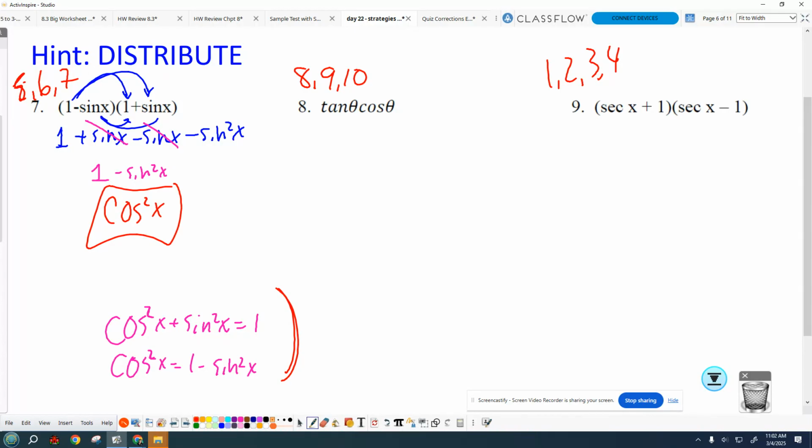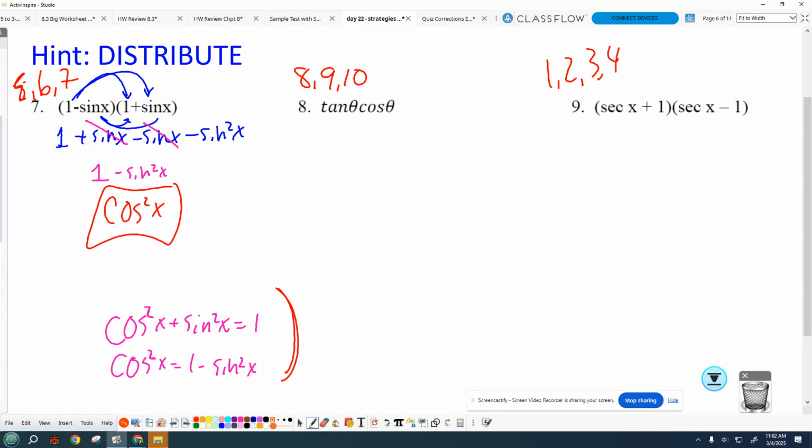So, what would we do for number 8? What's the strategy? I need to turn tangent into its split up thing. Looking at the front, what does tangent equal?